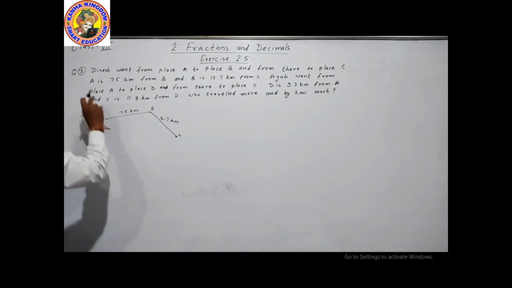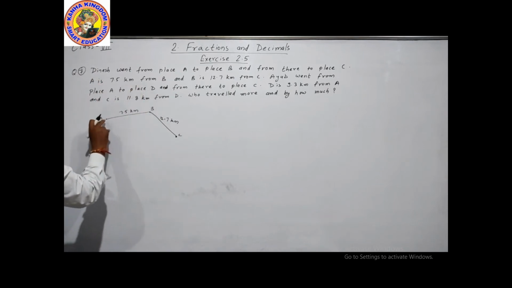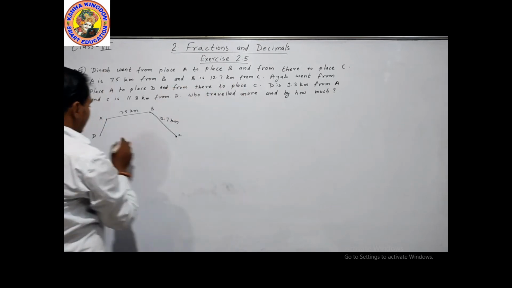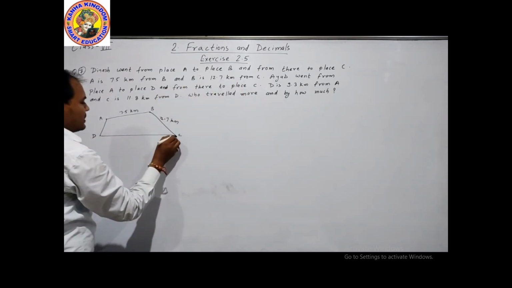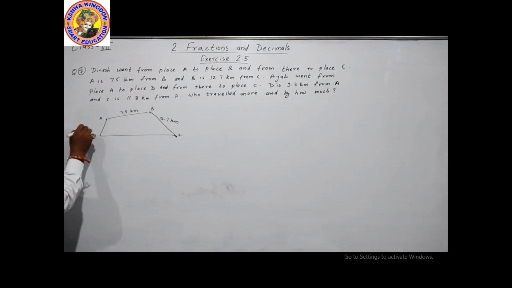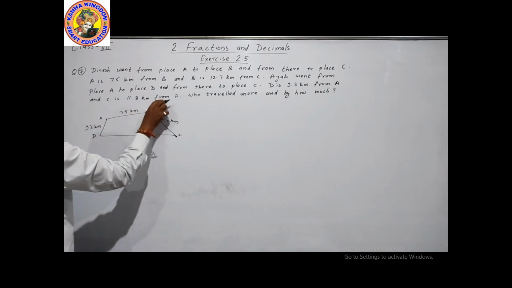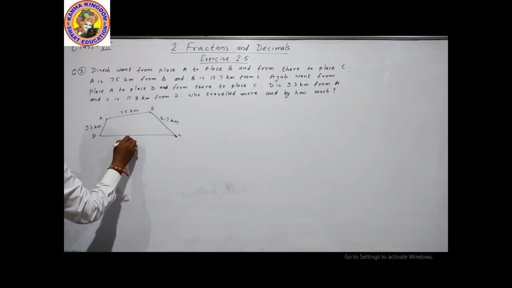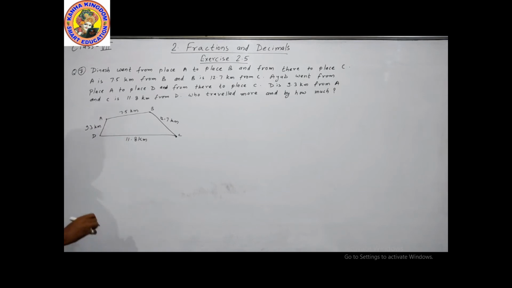Ayub went from place A to place D, from there to place C. D is 9.3 km from A, the distance between A and D is 9.3 km. C is 11.8 km from D, the distance between C and D is 11.8 km. Who traveled more and by how much?